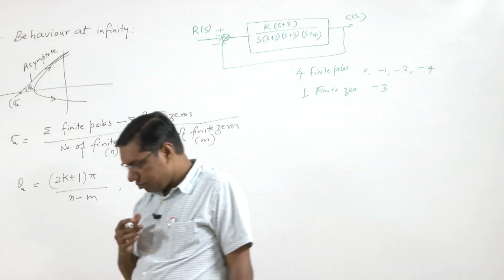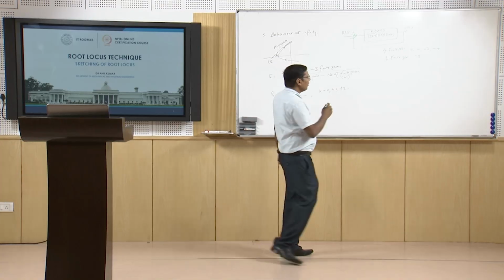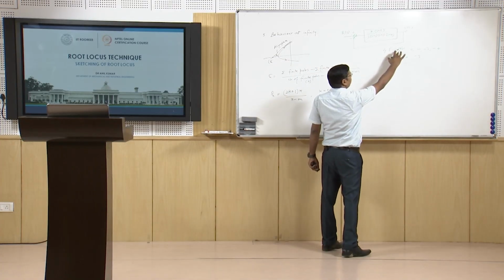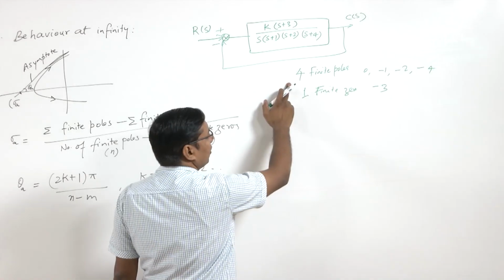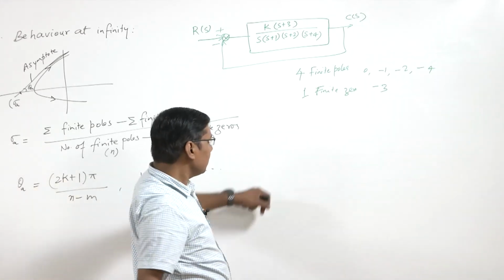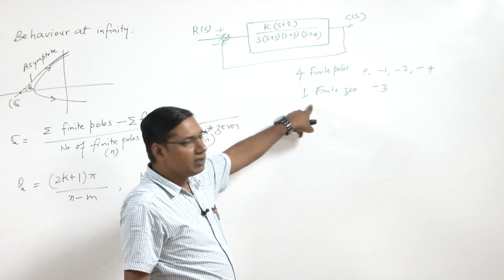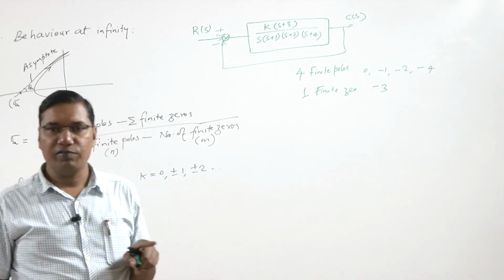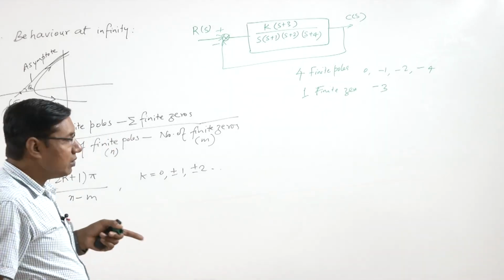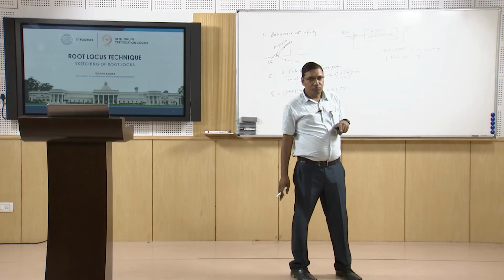So we have 3, and we know that finite poles plus infinite poles equal finite zeros plus infinite zeros. So here are a total of 4 finite poles and we have 1 finite zero, which means 3 zeros are at infinity.